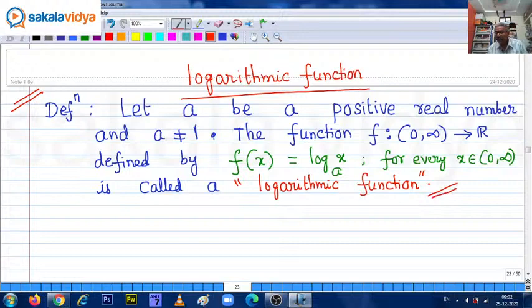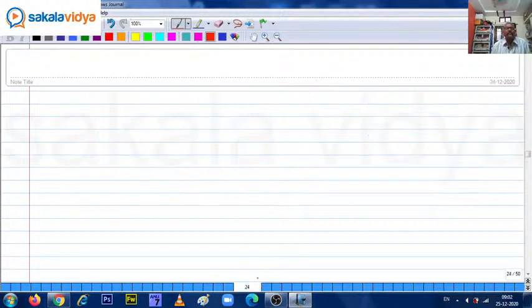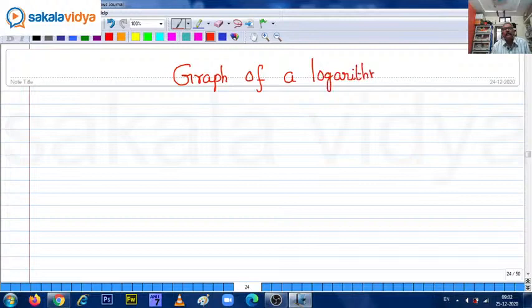Now let us discuss the graph of the logarithmic function.